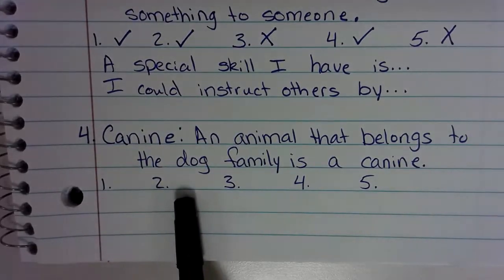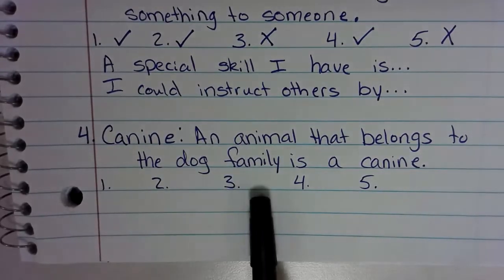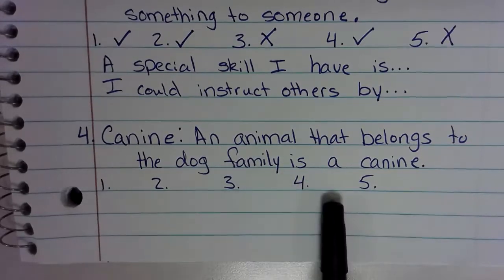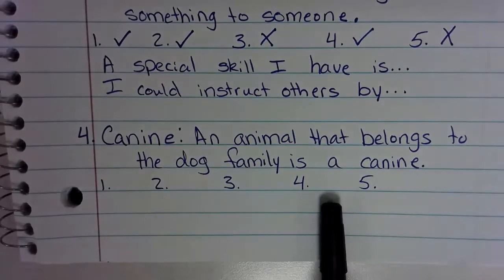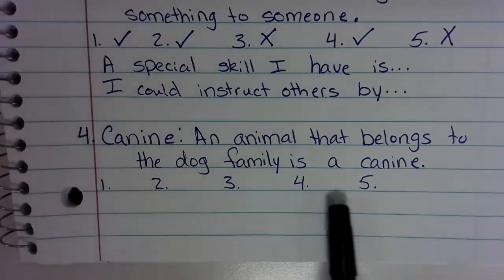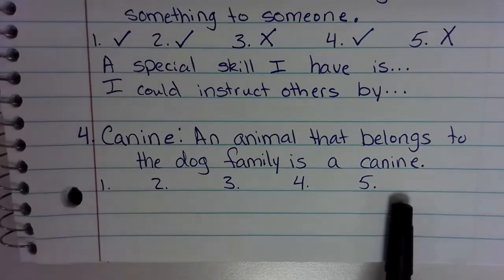Claws. Put a check or an X. Number 3, scales. Scales. Put a check or an X. Number 4, fangs. Fangs. Put a check or an X. And number 5, feathers. Feathers. Put a check or an X.